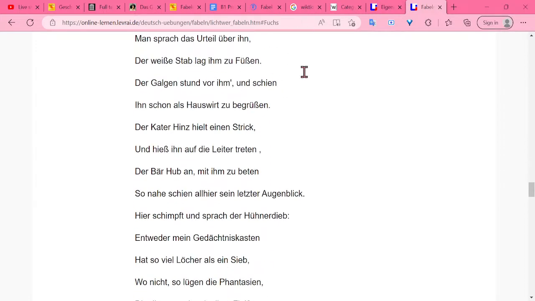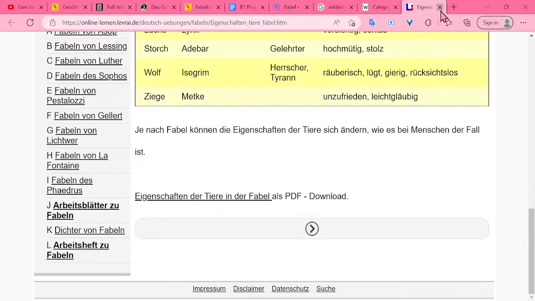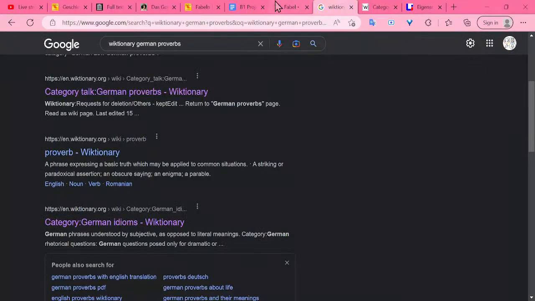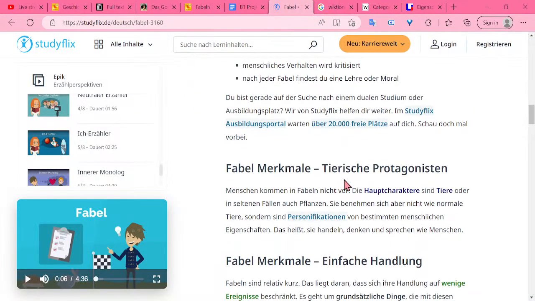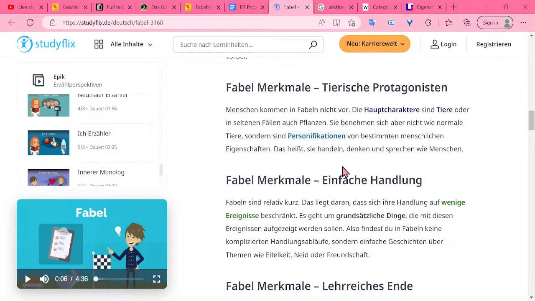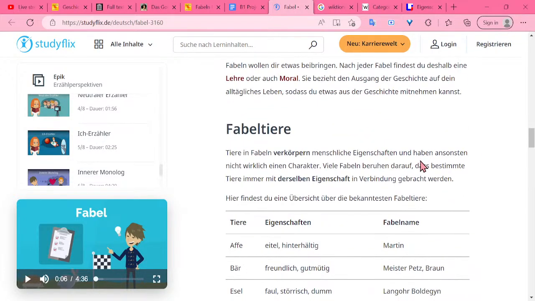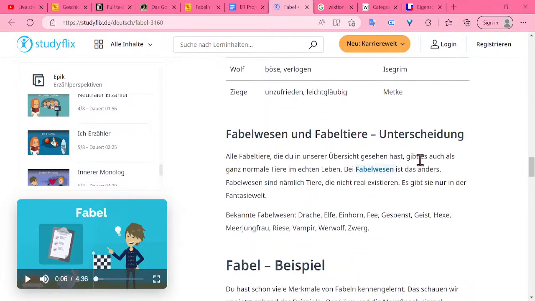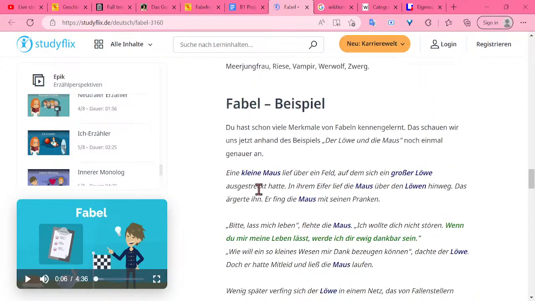I don't like this layout. There are animals. There's an end which teaches something. It's really not supposed to be complicated, but I just want to make sure. Look, it just starts so directly.